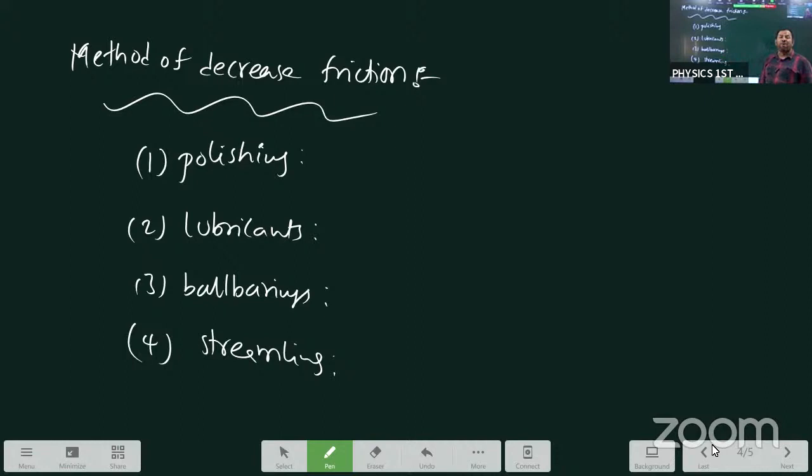By using polishing, friction reduces. By using lubricant, friction reduces. By using ball bearings, friction reduces. By using streamlining shape, friction reduces. Total 4 methods there to reduce friction. So this is the second SAQ for this day.